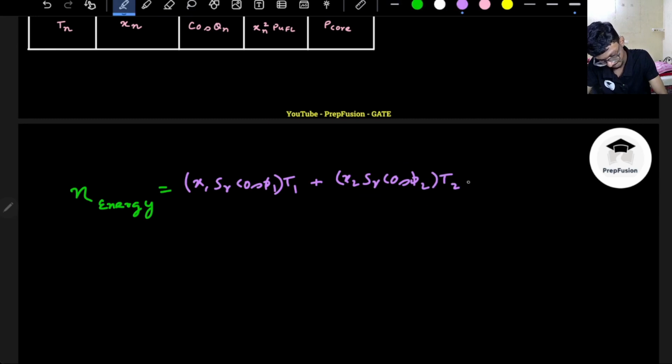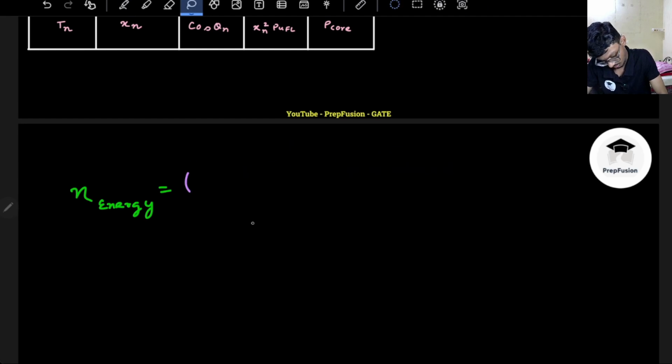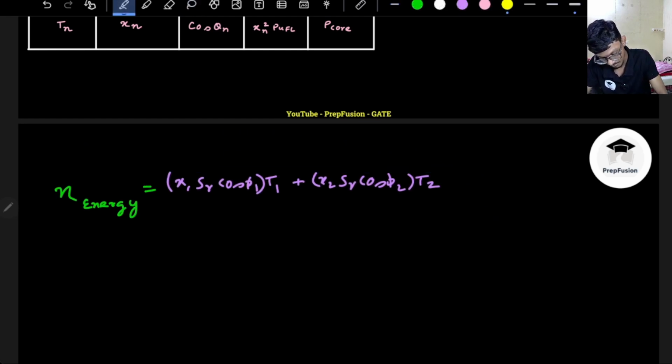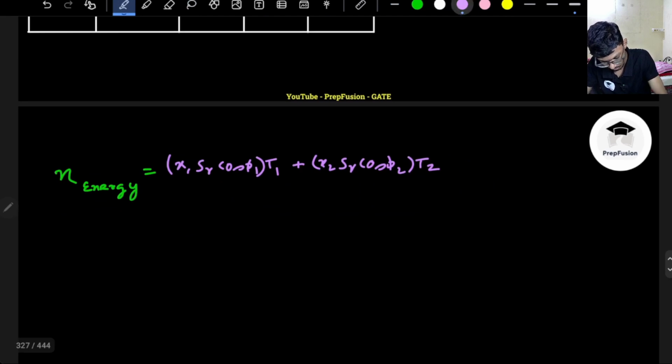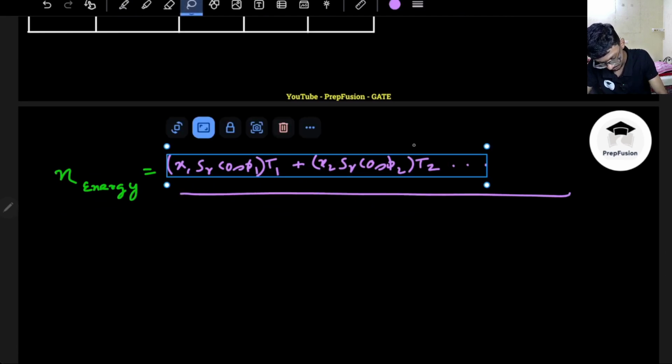So t1, t2, and so on, it will go on like this. The bottom will contain this number.